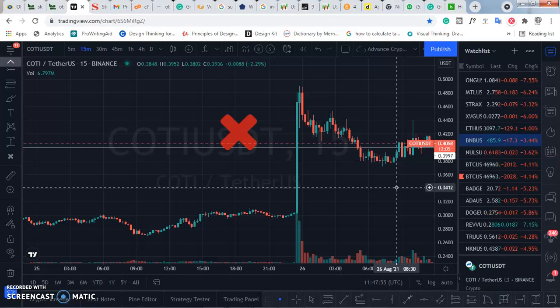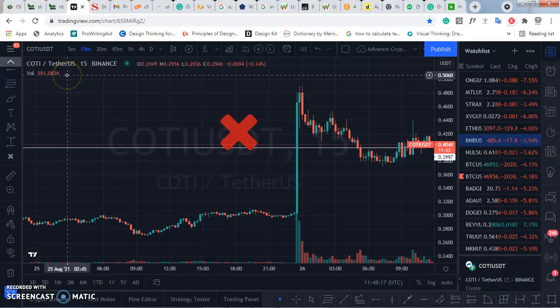The next signal we will look at, I have a list of coins that have pumped. I will use that. I will pick another one.